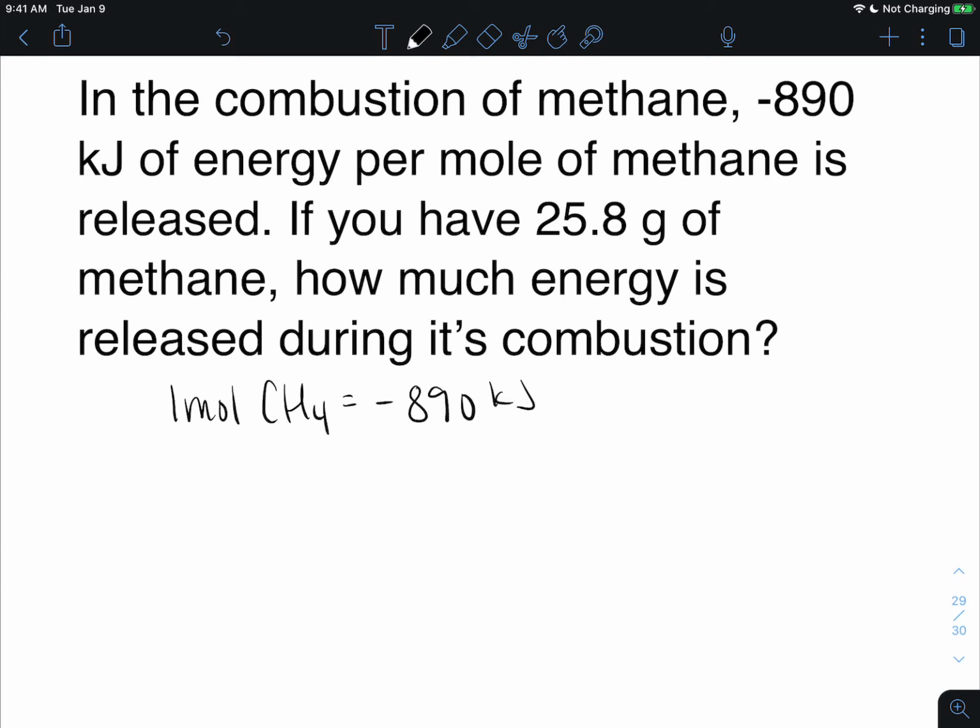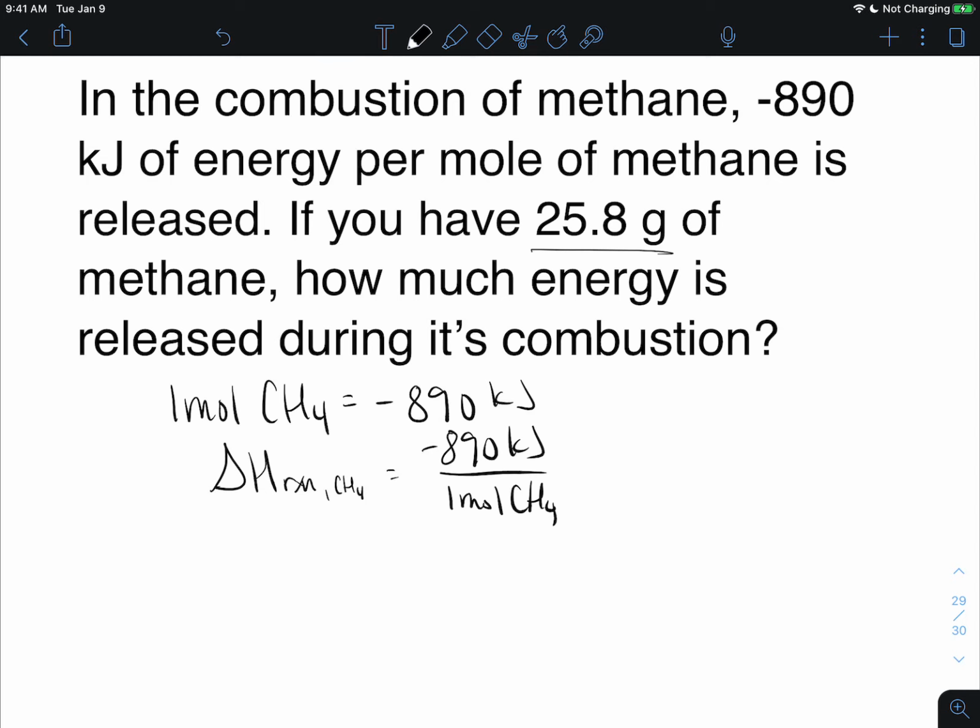So we also have an amount of methane. So we would write our delta H of our reaction of our combustion equal to negative 890 kilojoules per 1 mole of methane. We don't even need to write our balanced equation here, which is really nice.